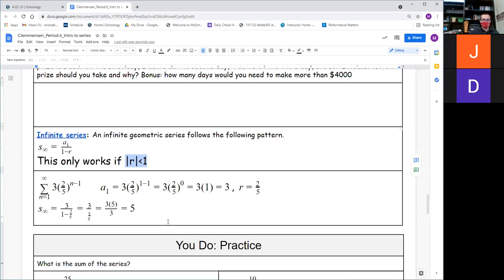And I will say, if you do have an infinite series, they actually have probably the easiest formula. This is probably the easiest formula to plug in for all of them, because you just have to plug in a sub 1, and then r is pretty much given to you. Right? So it's pretty easy to actually solve and simplify.